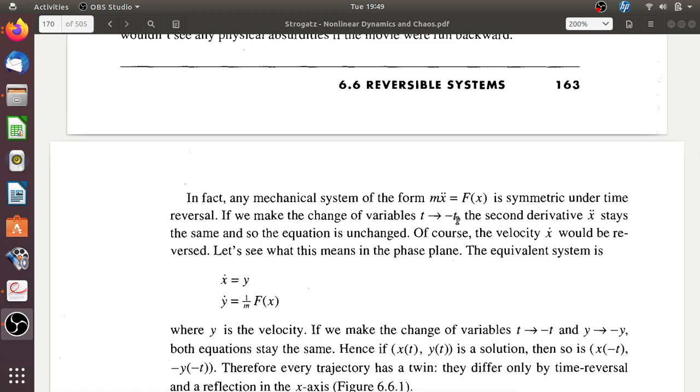How about acceleration? For acceleration we are differentiating with respect to time twice, so we will have two minus signs, and they will cancel each other and we will get the same acceleration.